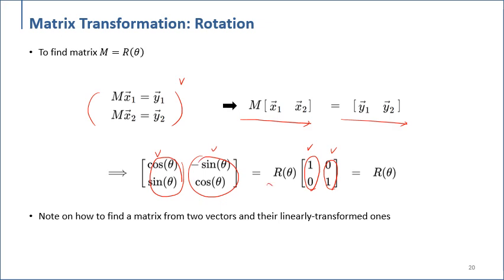So R theta is the matrix with columns cosine theta, sine theta and minus sine theta, cosine theta. This is a very simple way to obtain the rotation matrix, using two basis vectors and the linear transform properties.